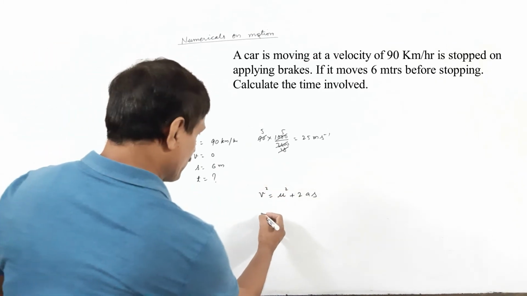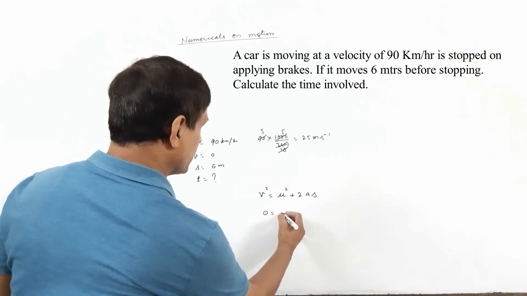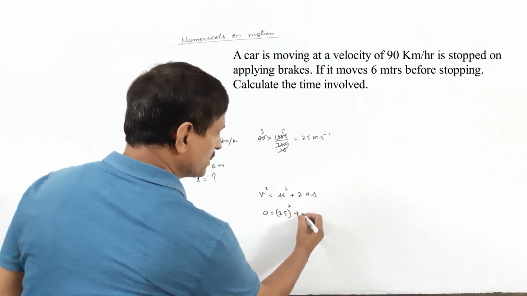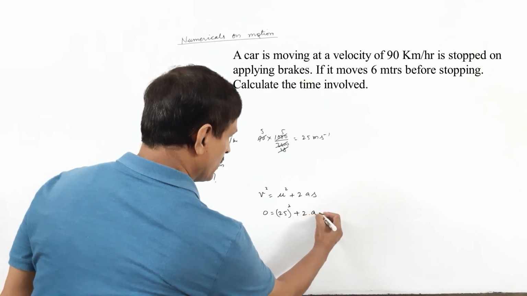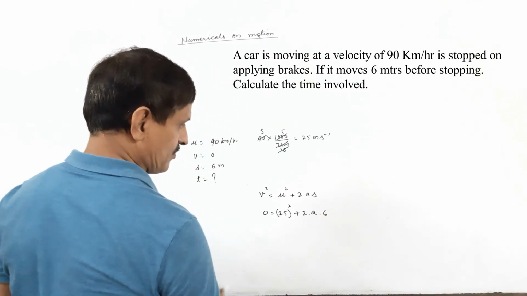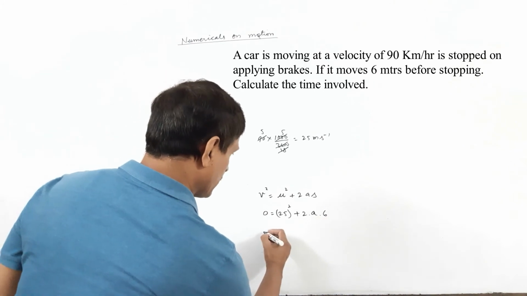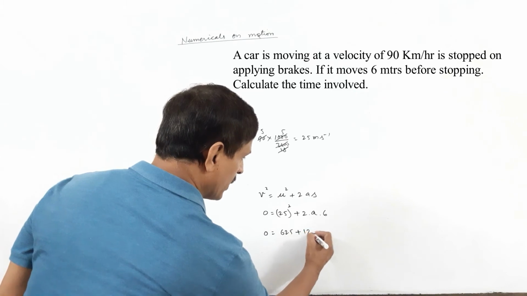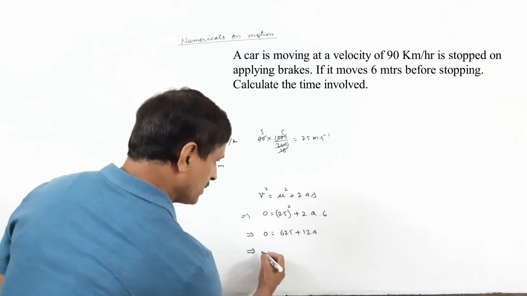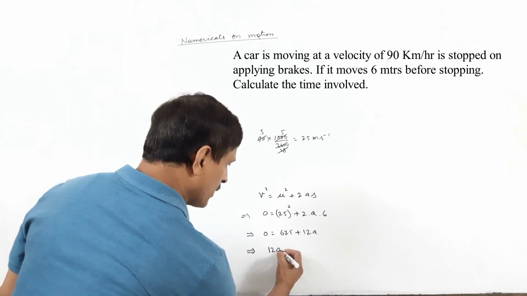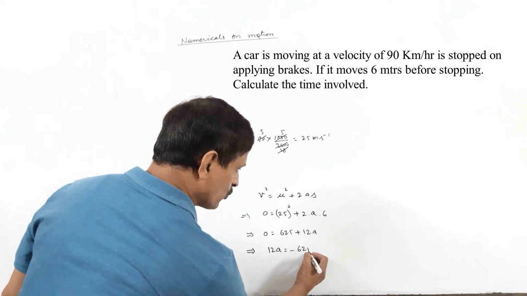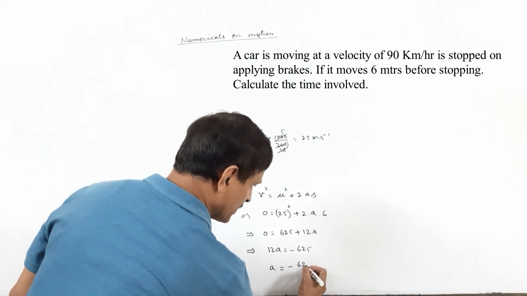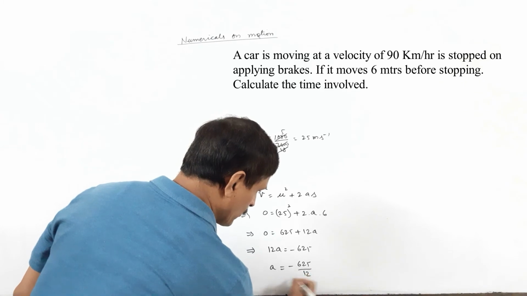As v is equal to 0, this is 0 = 25² + 2 times a times 6, and thus 0 = 625 + 12a, which implies 12a = -625, and finally a = -625/12.